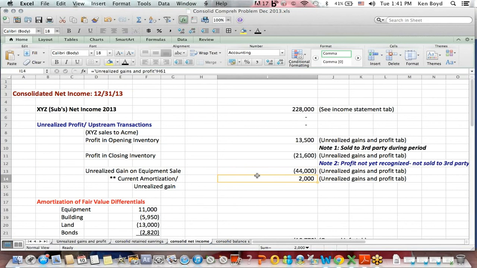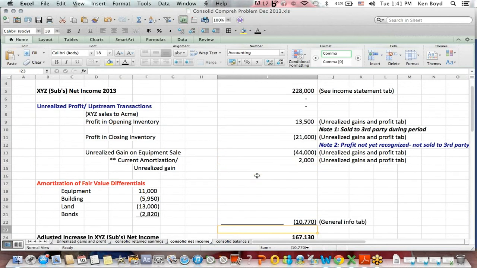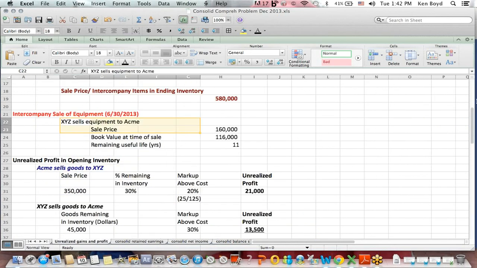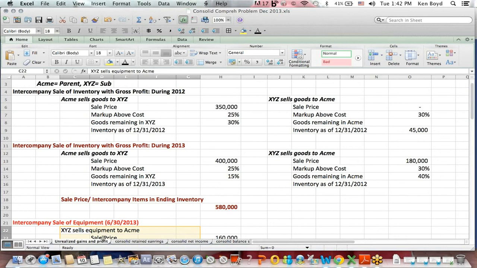And we also have a deduction for the amortization on that gain. We have amortization of the fair value differentials, which you saw on the unrealized gain and loss tab. So for example, for equipment, the 11,000. Got to go over one more tab.